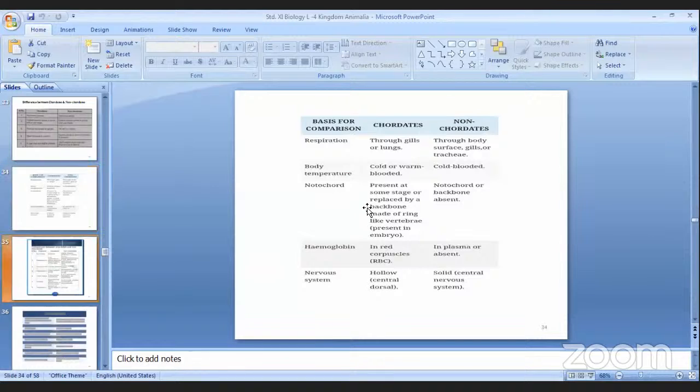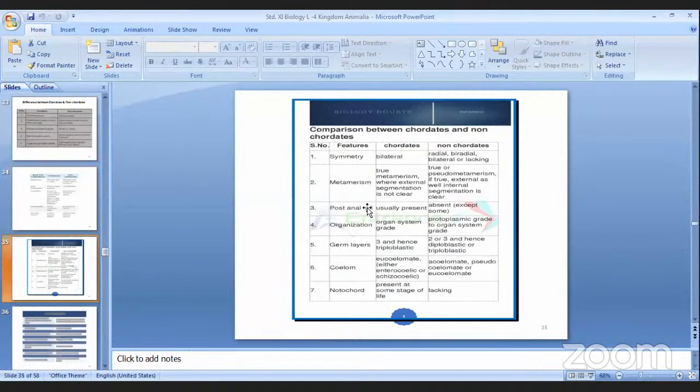It continues further: what type of body symmetry it has, whether metamerism is there or not, whether the postanal tail is there or not, what the organization is, whether it is organ system organization or protoplasmic grade. Then germ layers, whether it is double layered, that is diploblastic, or triple layered, that is triploblastic. Then whether the coelom is present or not, right? And again whether the notochord is present or absent. So these are the different points of comparison that we will be studying. I have given you a chart form. Please go through it very carefully.